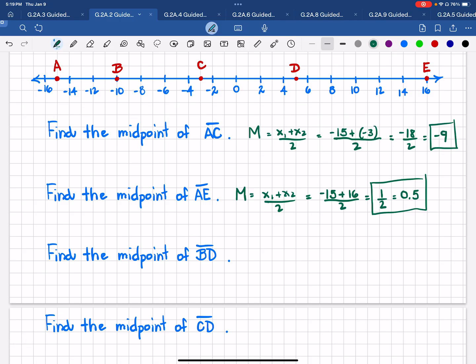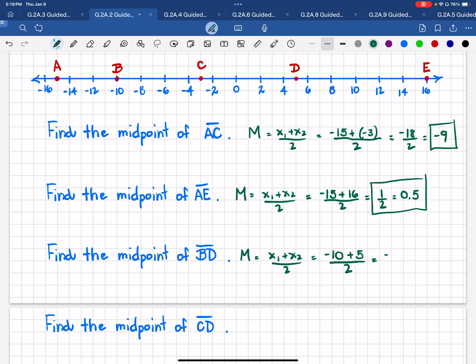Let's move to the next problem, BD. So I'm going to pull my midpoint formula. M is equal to x1 plus x2 divided by 2. X1 is going to be negative 10. X2 is going to be 5. And I'm going to divide it by 2 because that's what the formula says.